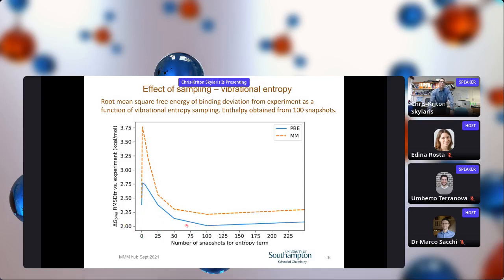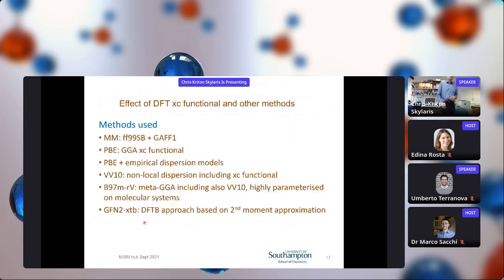You have to go to about 50 or more for the results to plateau and converge. So calculations that do something and then add only 1 or 2 snapshots of vibrational entropy are not going to be very reliable.